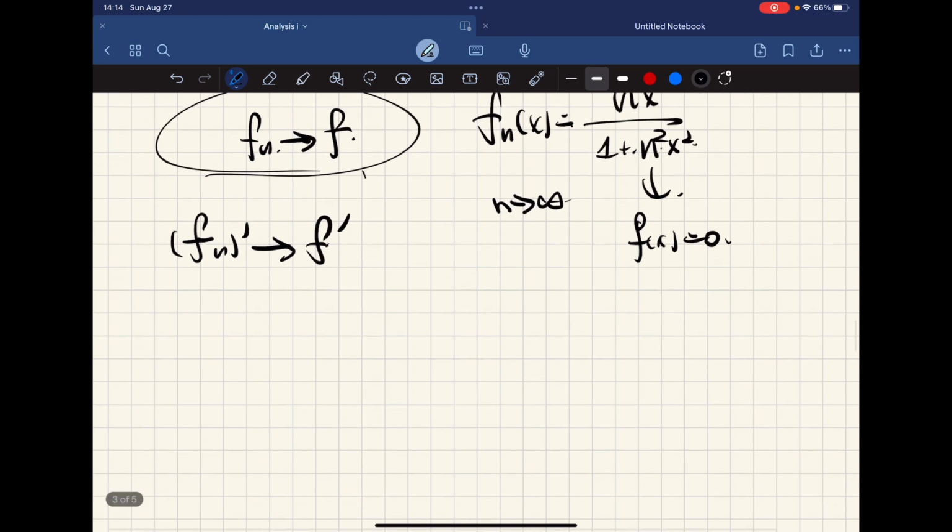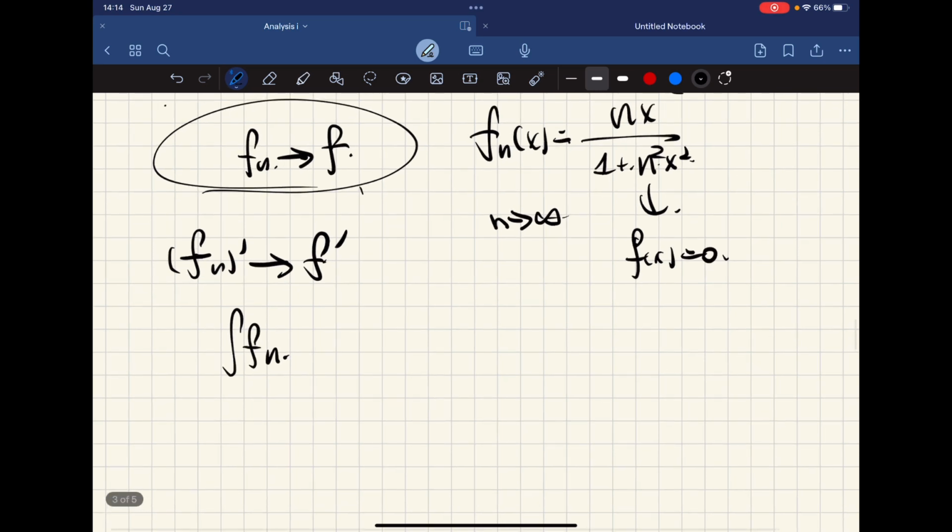Similar things apply when we first take the integral of a series of functions and then take the limit. It might not necessarily be the same as if we first took the limit of a series of functions, then took the integral.